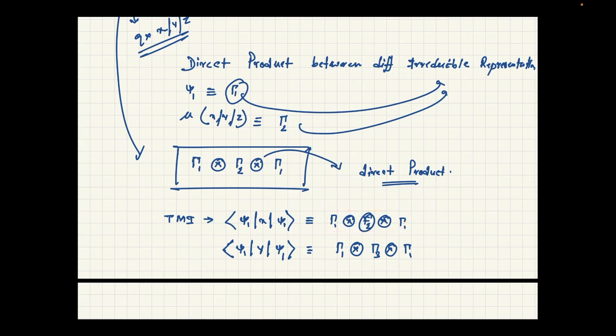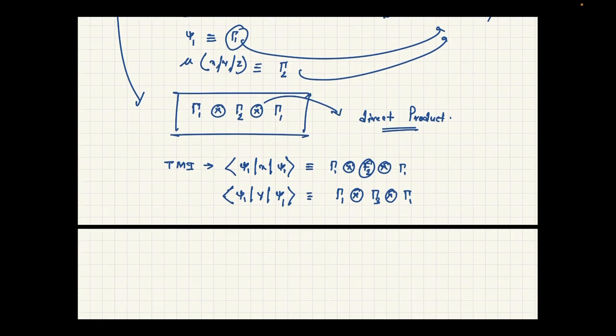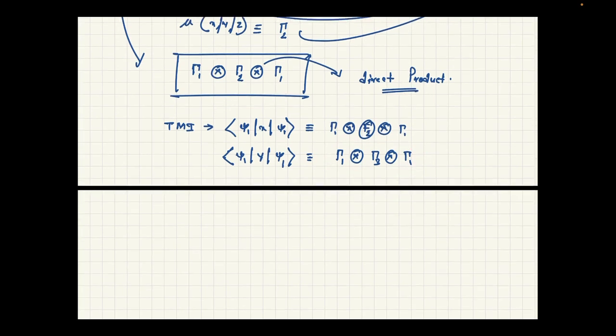Or the irreducible representation of psi 1 and the irreducible representation of y should be the same. Then only you can get a totally symmetric representation out of this direct product. So this is just for the infrared transition.